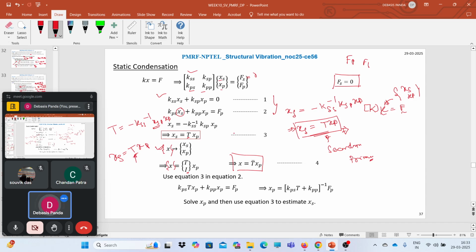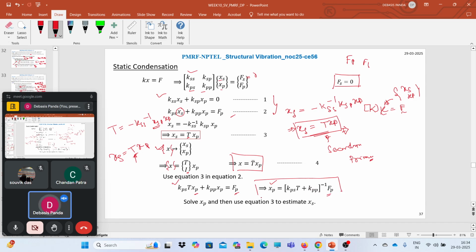So now using equation number 3, if we put it in equation 2 instead of xs, we will have kps into T into xp plus kpp into xp is equal to fp. That means the primary generalized coordinate xp comes as (kps T plus kpp) inverse into fp.